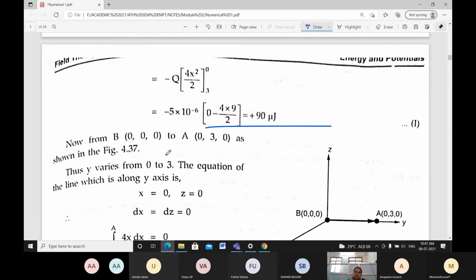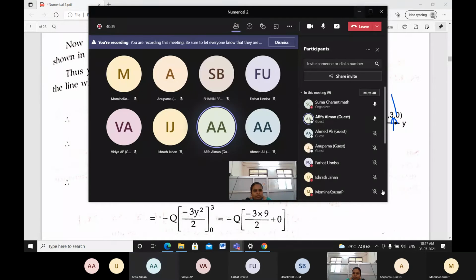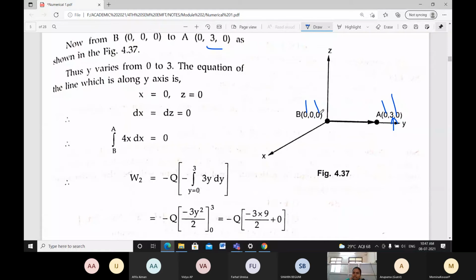In the same way you should go for the second one, where it is varying in y. A is at the origin, 0, 0, 2, and it is moving towards A, that is 0, 3, 0, where y is varying. Observe here x and z are 0, therefore dx and dz are also going to be 0.